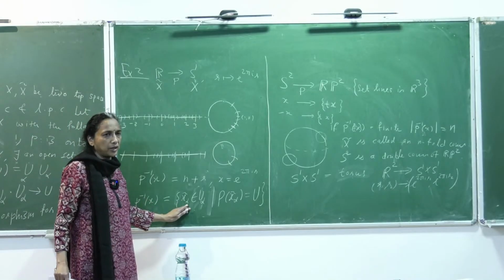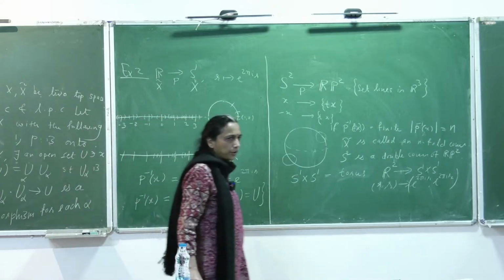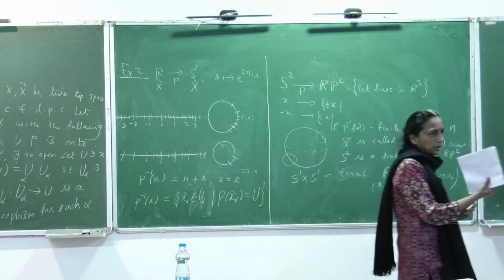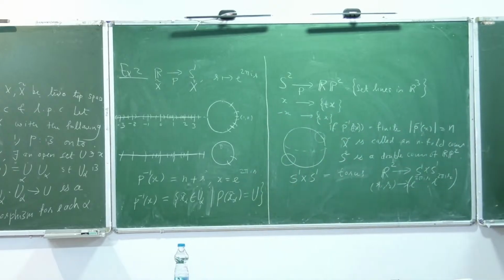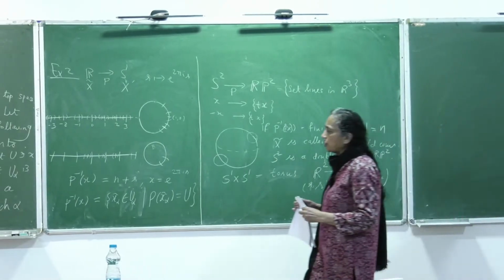So x alpha is open, all the points are open singleton sets, so it has the discrete topology.